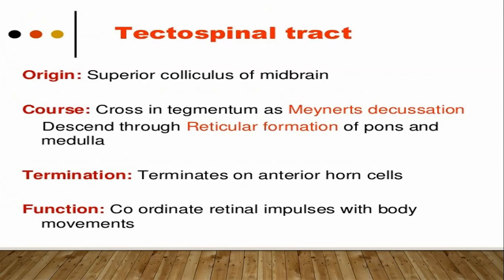Then they descend in the ventral funiculus of the spinal cord to terminate on the medial group of interneurons in the upper cervical spinal cord. The tectospinal tract regulates head movement in response to visual, auditory, and somatic stimuli.